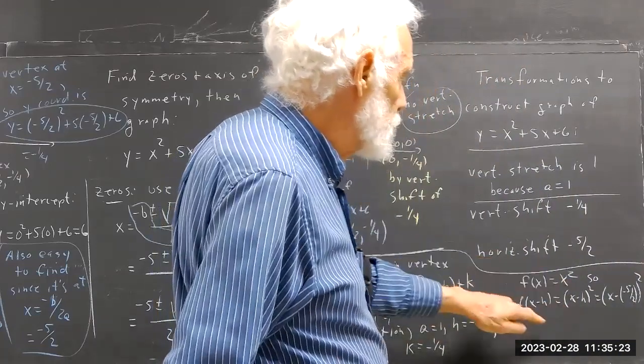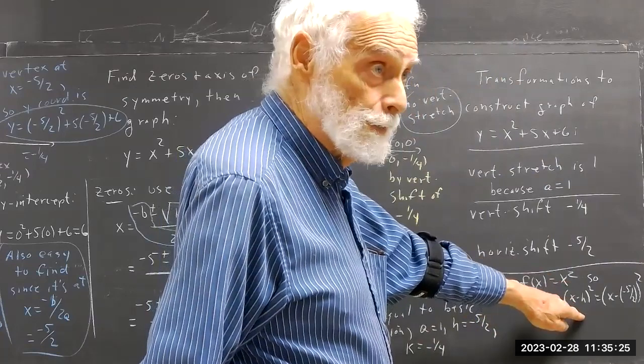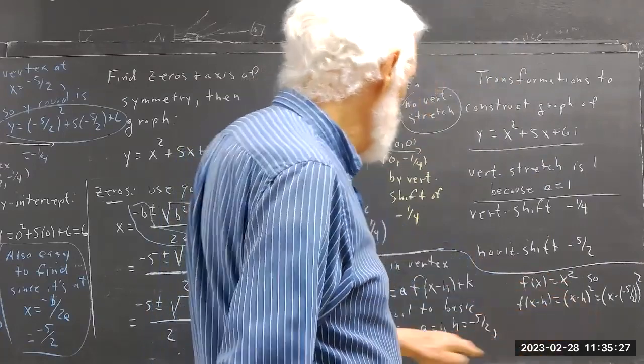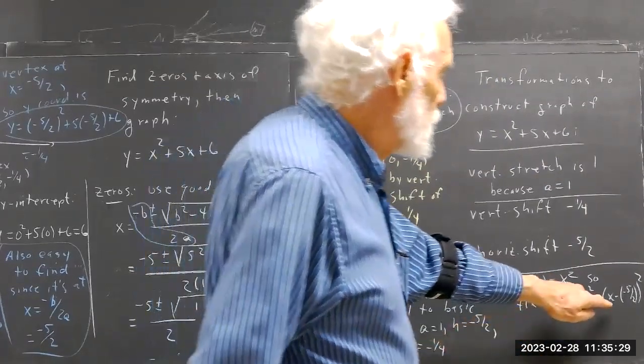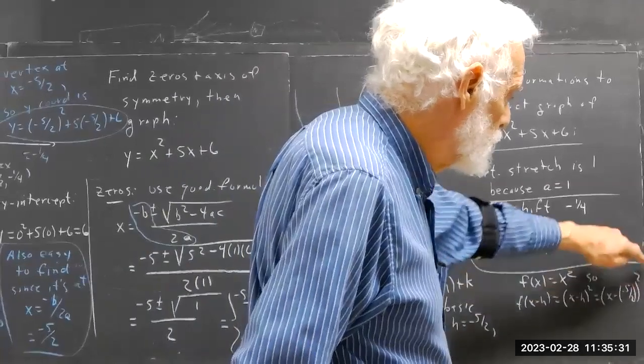So if f of x is x squared, f of x minus h is x minus h squared. h is -5/2, so we have x minus -5/2 squared.